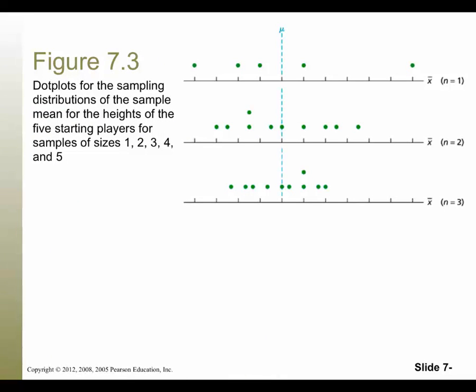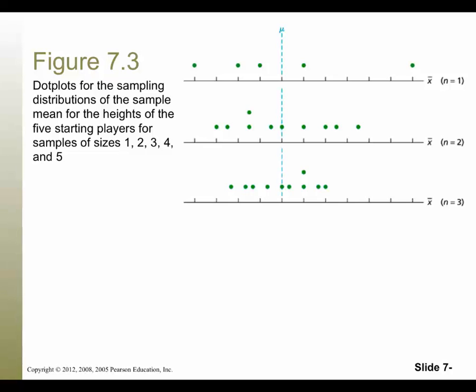so if you pick a sample size of 1, you're basically just looking at the population. That's the first one. This is now samples of size 2; each one of these is a mean of a sample of size 2. And each one of these is a mean of a sample of size 3. And what happens?